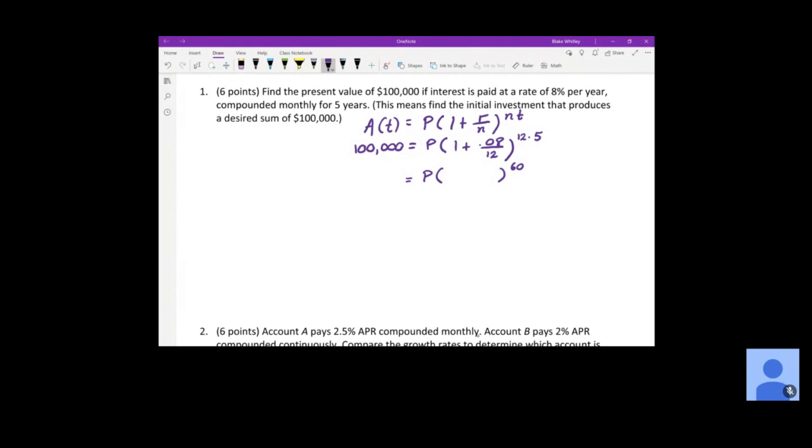Yeah, and so this is going to be 1 plus that decimal there, so it's 1.00, and then a repeating 6, right, after those two zeros. This is all still equal to 100,000. Okay, so then what can we do after that?